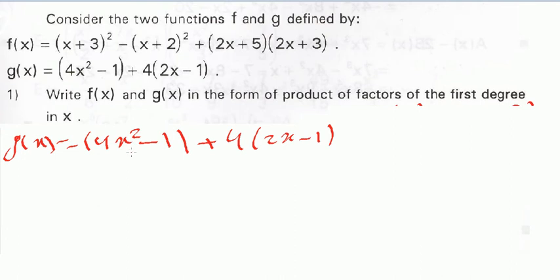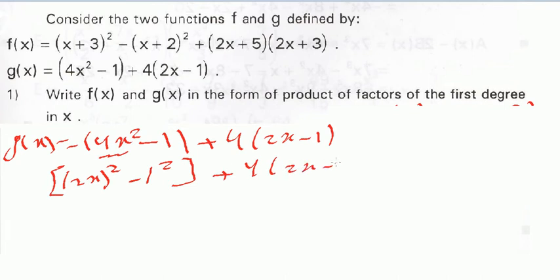Also, I have to notice and remember from video number 1, it's a very important video. I can write this one here as (2x) all square minus 1, I can put square also because 1 square is equal to 1. So this is the first term. The second term, nothing to be done, 4 into 2x minus 1.